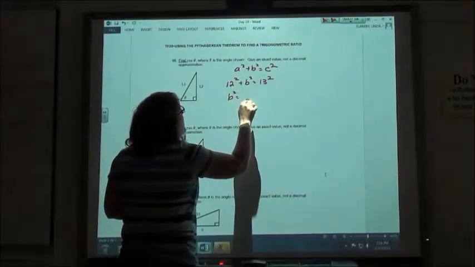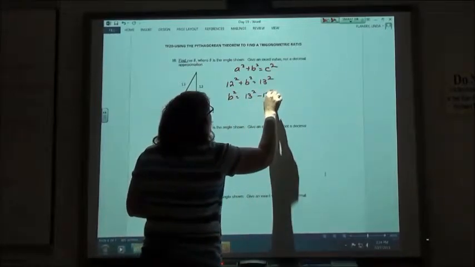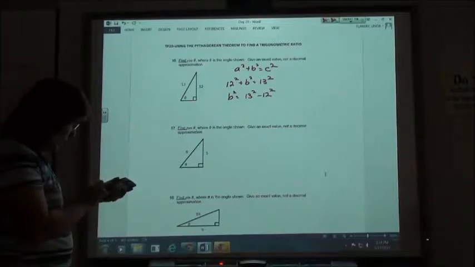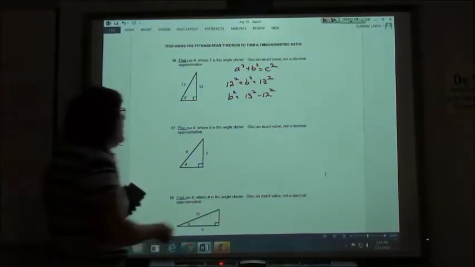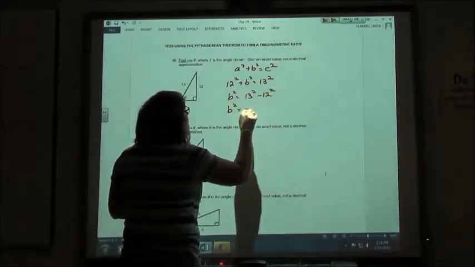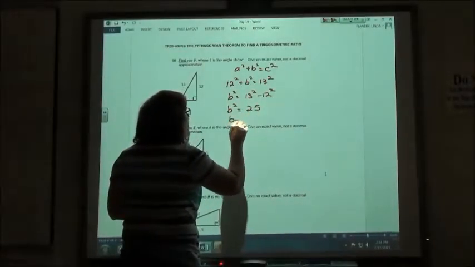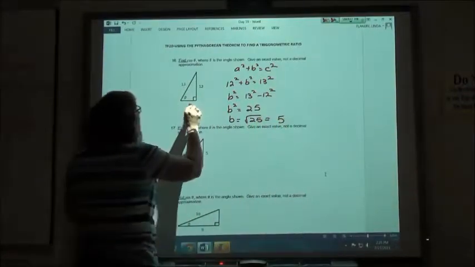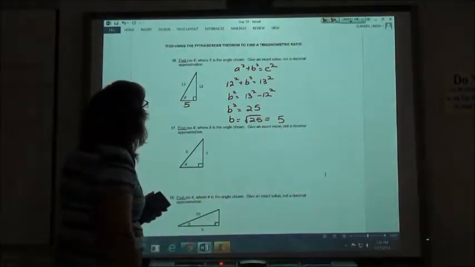B squared is going to equal 13 squared minus 12 squared. You could figure those out, but I'm just going to put it in my calculator like that. 13 squared minus 12 squared is going to give me 25. So b squared equals 25, which means b equals the square root of 25, which happens to be 5. So that side is 5.